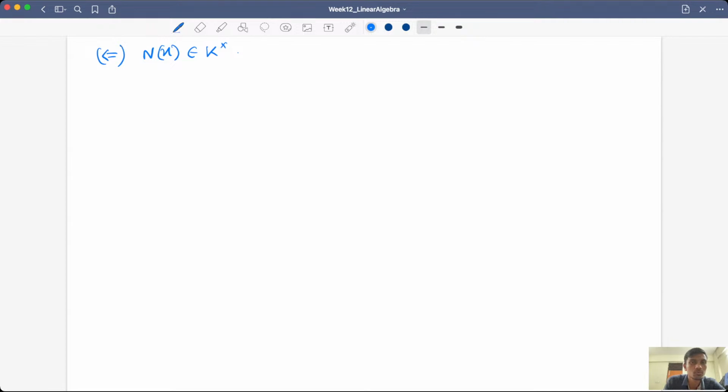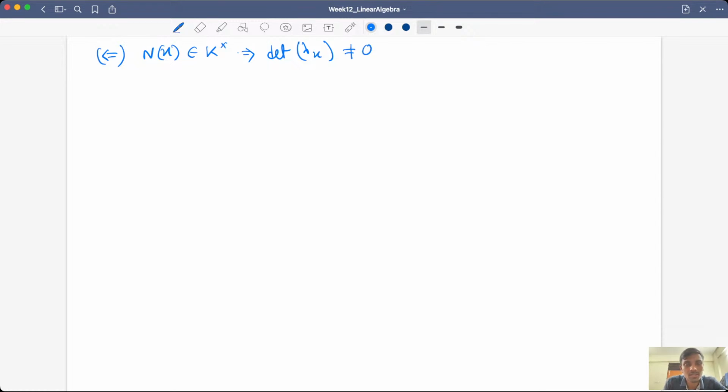So in this case do we need to use the field property? Okay, probably we don't need it. So nx belongs to k cross, so this will imply that the determinant of lambda x is not equal to 0, right? So that's what this means.